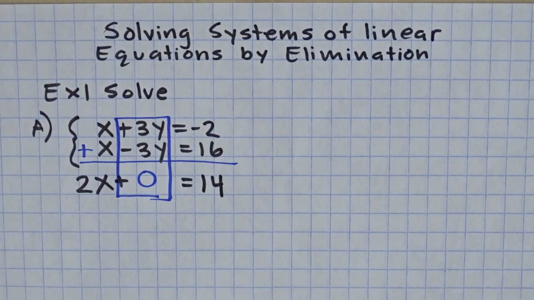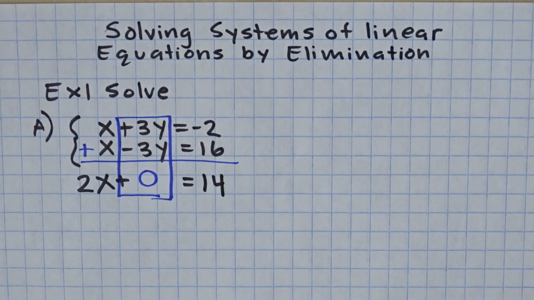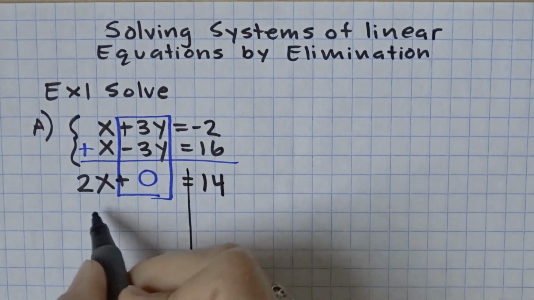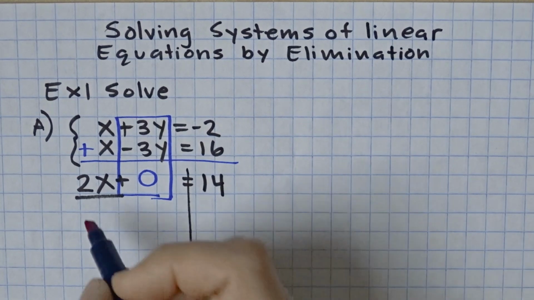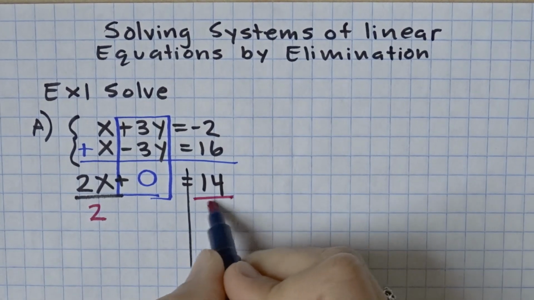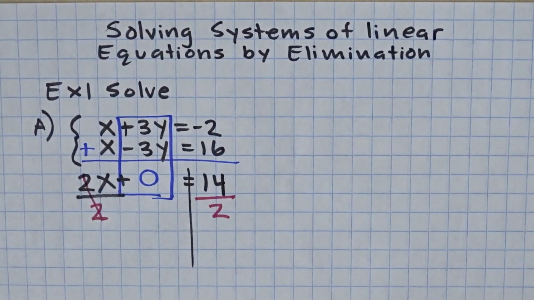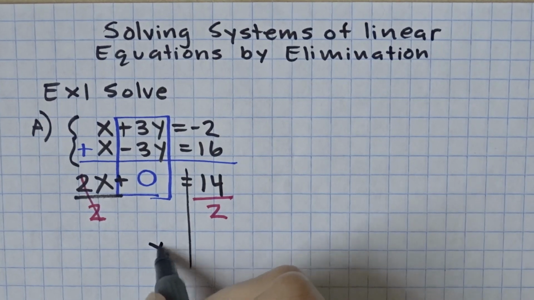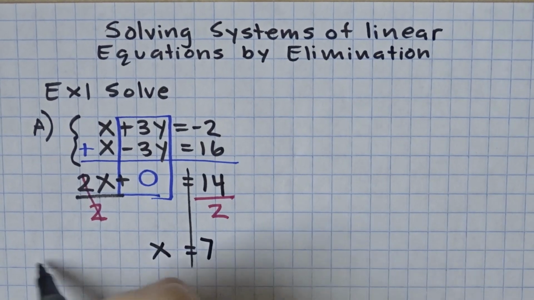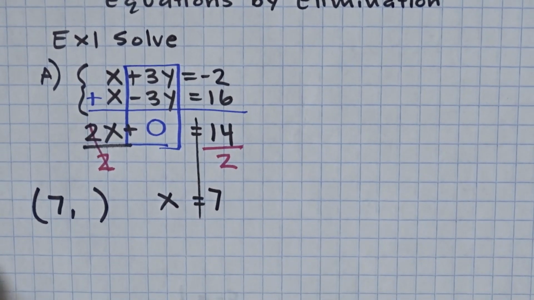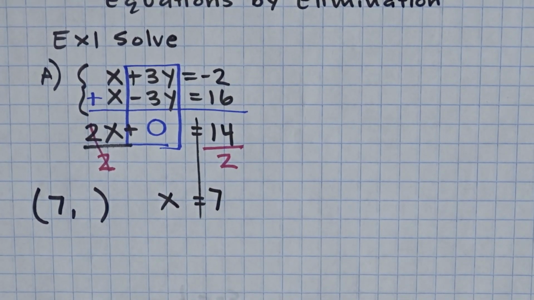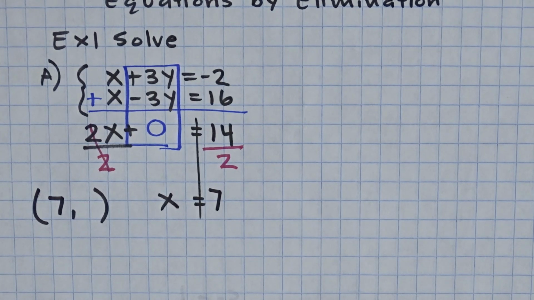And so now I'm able to focus on finding that x by doing the inverse operation, which is to divide by 2. That's 1x equals 7. So I am almost halfway done. Well, I am halfway done. I got the x coordinate, which is 7.